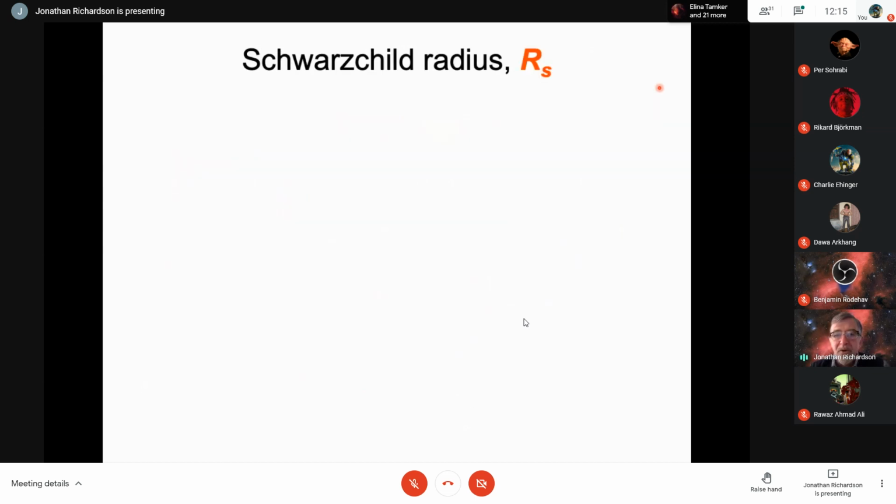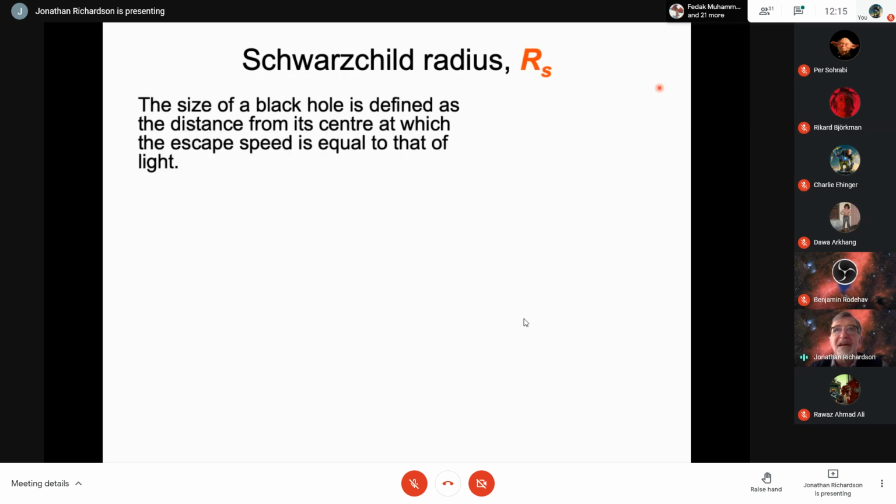Now, one more slide, and then I'm going to give you a question for the rest of today. So we're going to just look at this event. When a black hole is formed, the distance from its center from which light can no longer escape has a very significant value.